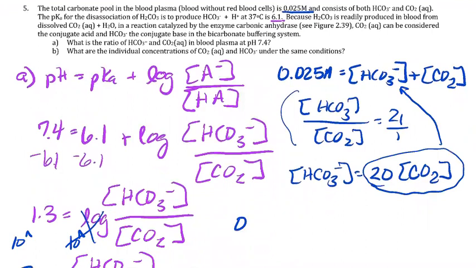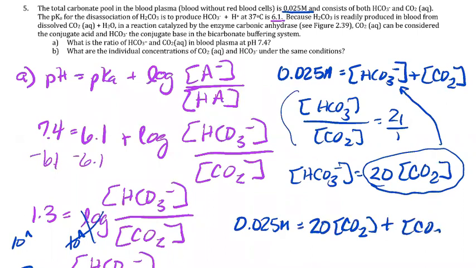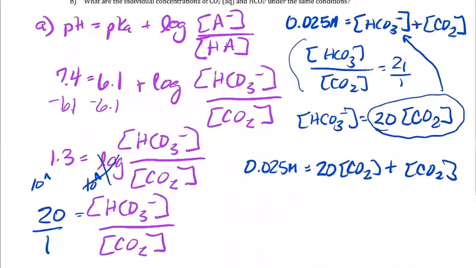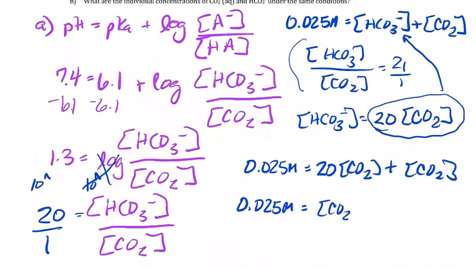So then I get 0.025 molar is equal to 20 times my CO2 concentration plus my CO2 concentration, right? So now you just have to factor out the CO2 and you get 20 plus 1, right?